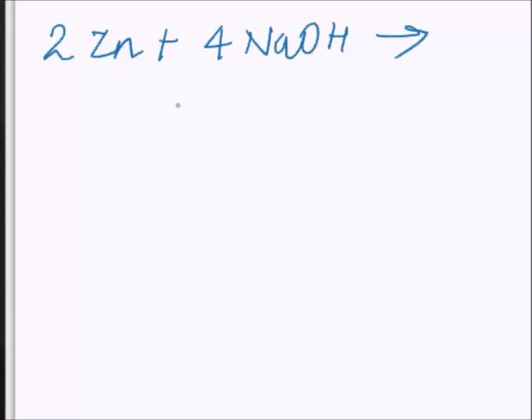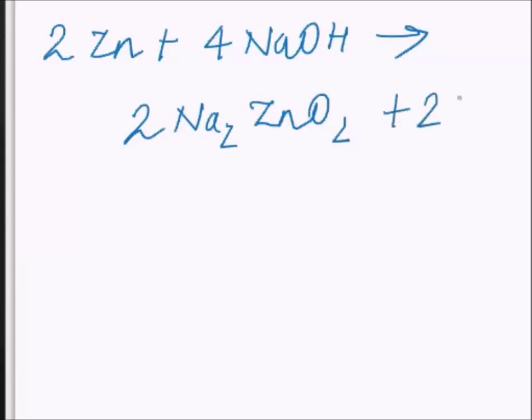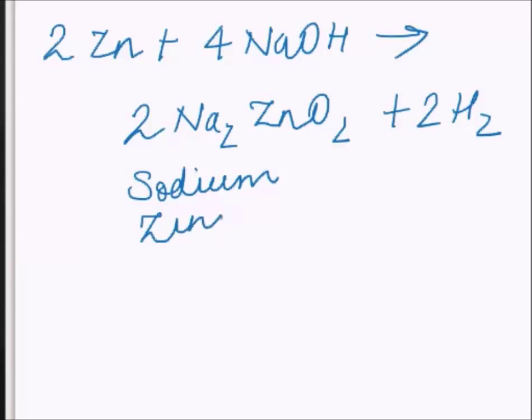Now next chemical reaction is of zinc, Zn. When it reacts with 4NaOH, Na2ZnO2 along with hydrogen. This is sodium zincate.